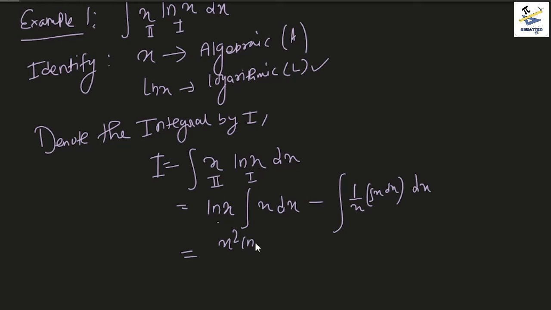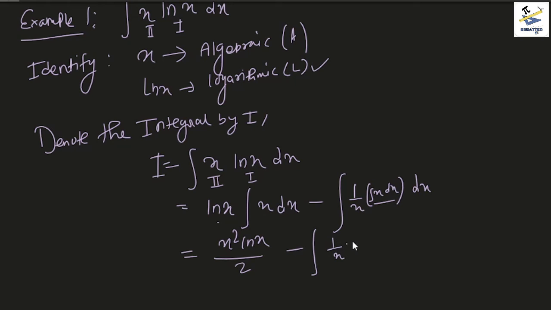So it should be x square ln x by 2 minus, we have already found the derivative of log x, which is 1 by x, and again the integral of x is x square by 2. In this inner integral you do not need to include the constant c, so we are basically just trying to find the integral and ignore the constant.